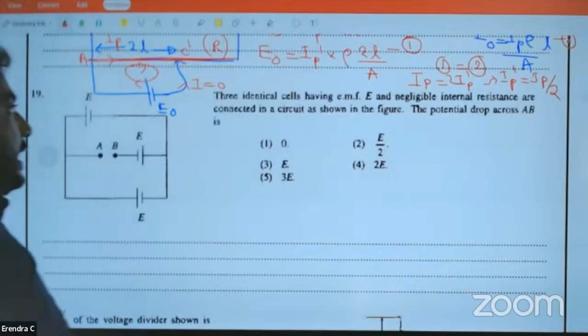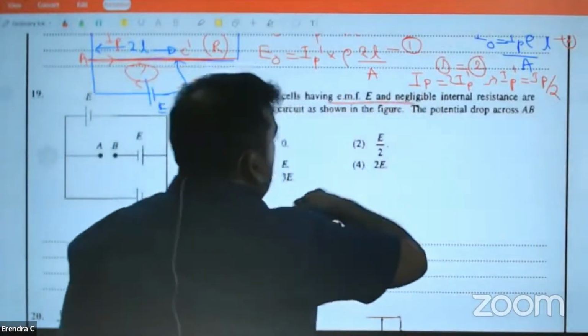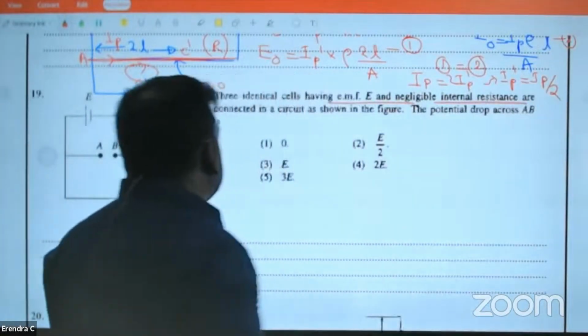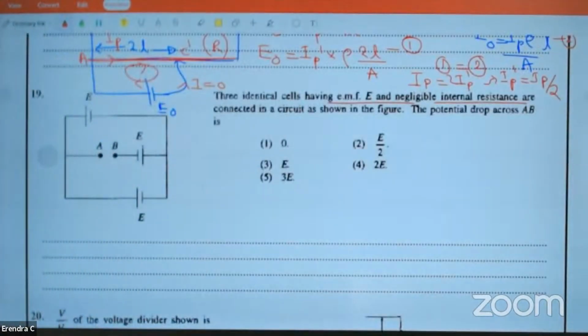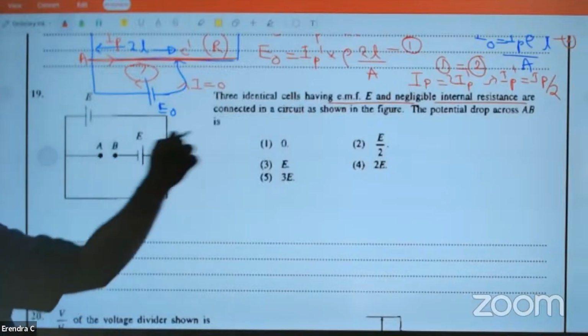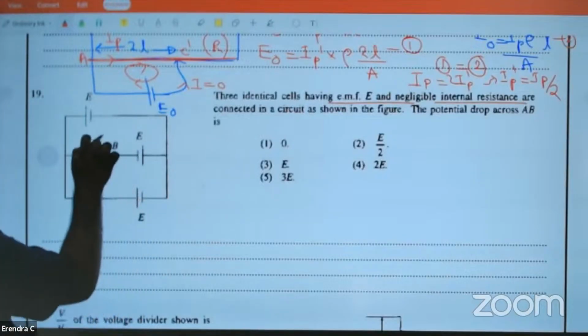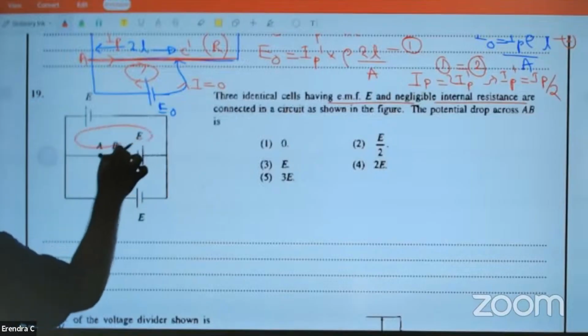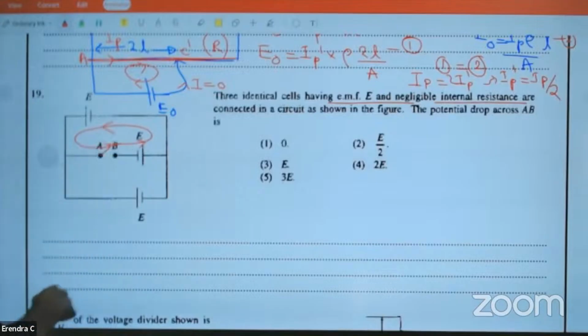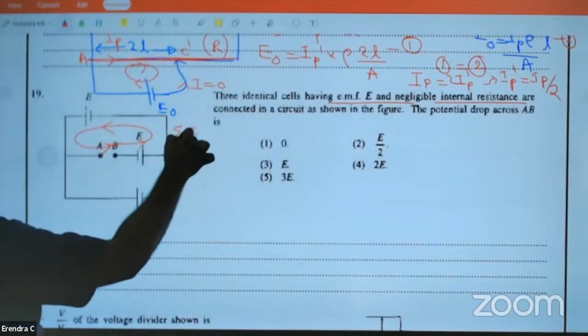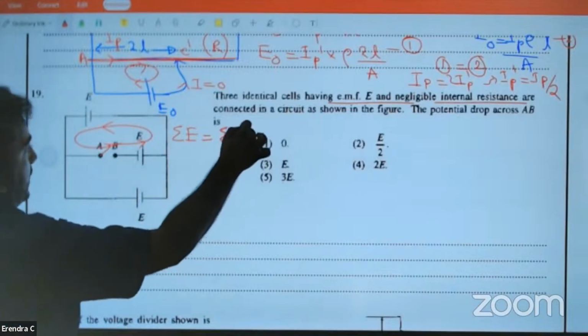Three identical cells, EMF E, negligible internal resistance. They are asking for the potential difference across AB. You can apply the loop from A to B: sum of EMFs equals sum of potential differences.